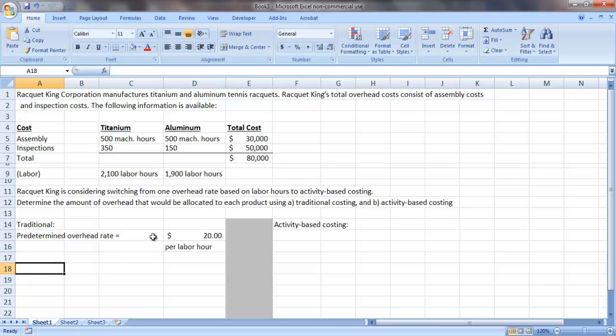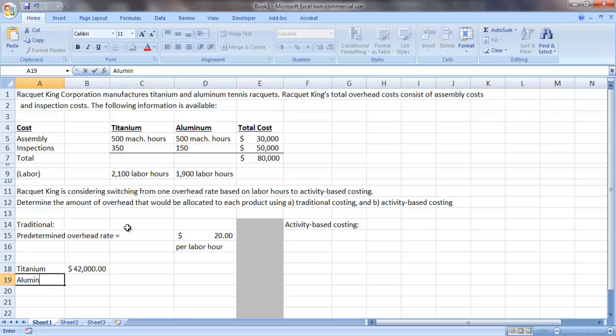If we were to allocate overhead costs to each individual product, we would do so on the basis of that predetermined overhead rate. So for the titanium product, we would allocate $20 per labor hour times the 2,100 labor hours that are incurred by the titanium product for a total of $42,000.